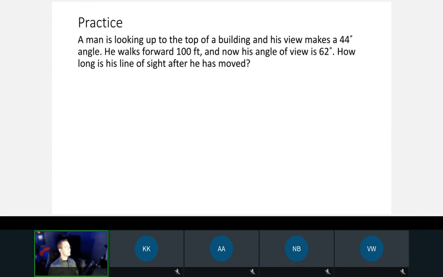All right. This one says a man is looking up to the top of a building, and his view makes a 44-degree angle. He walks forward 100 feet, and now his angle of view is 62 degrees. This kind of sounds like the trig for number 3, a little bit. All right. So how long is his line of sight after he has moved?